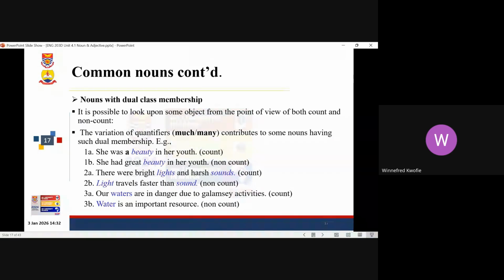So we have other examples like water. Water can be classified as a count noun when you are referring to different bodies of water. But it can also be classified as a non-count noun. So, our waters are in danger due to galamsey. What kind of waters are we talking about? The rivers, the streams, whatever.